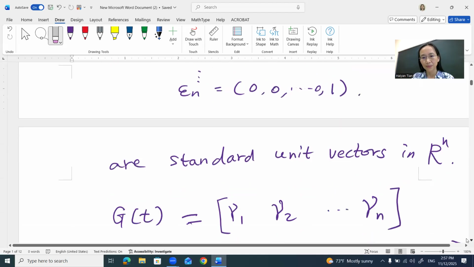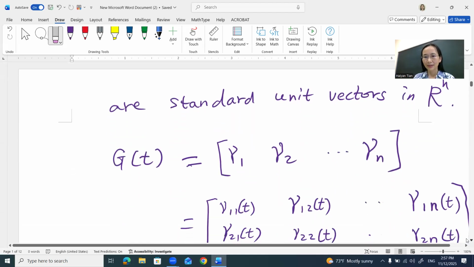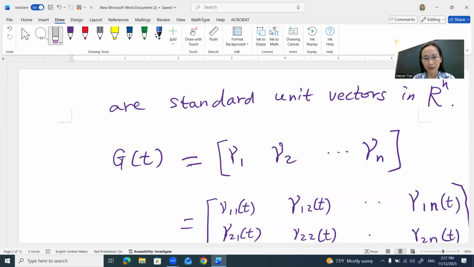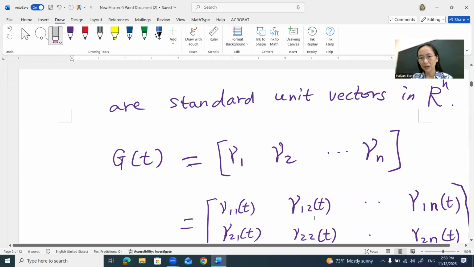And then we get this matrix that we call the fundamental matrix. This fundamental matrix is such that each column is a solution of an initial value problem.